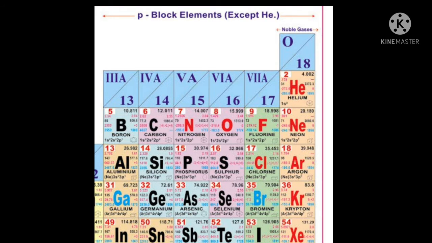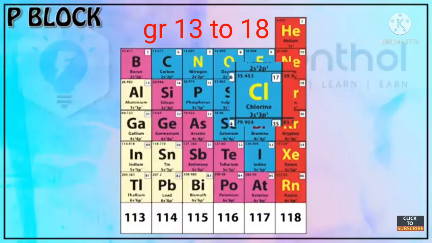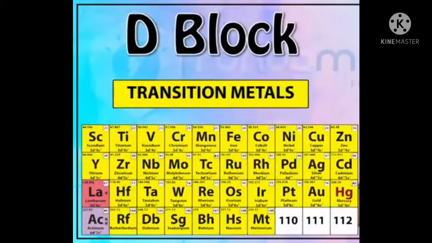Group 1 and 2 is of S block. At the right side of the periodic table, from group 13 to 18, all the elements are P block elements. The elements in the middle of the periodic table, from group 3 to 12, are known as D block elements.